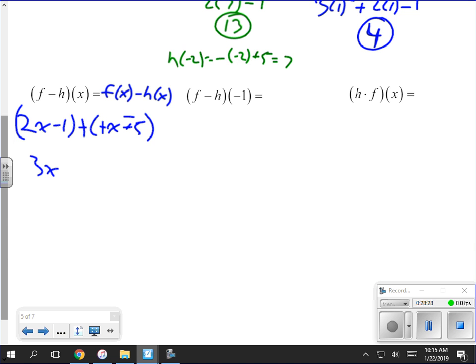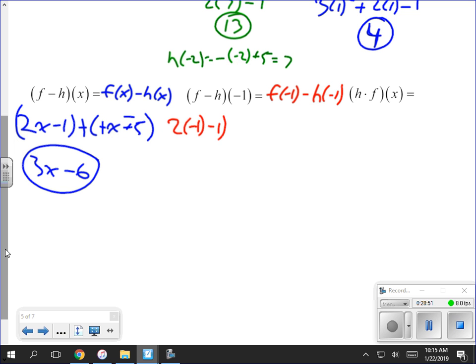So that gives me 3x minus 6. f minus h of -1 is f of -1 minus h of -1. So that's 2 times -1 minus 1 minus (-(-1) plus 5), which is -3 minus 6, or -9.